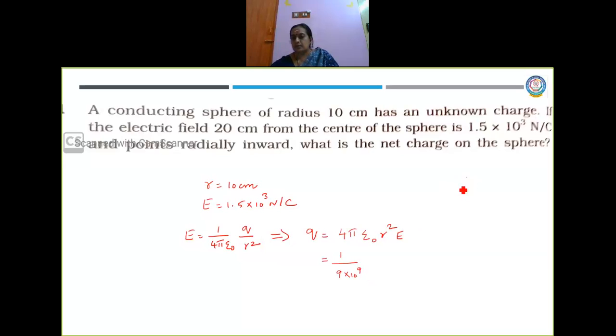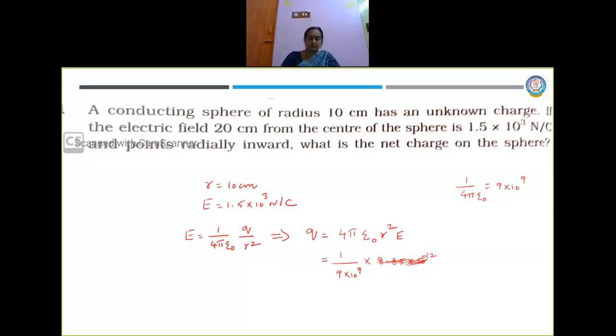See here, 1 by 4 pi epsilon naught takes the value of 9 into 10 power 9. If I want 4 pi epsilon naught, it is 1 by 9 into 10 power 9, okay? I need not write the value of epsilon naught, because I have substituted 4 pi epsilon naught. Sorry children. So it is 1 by 9 into 10 power 9.